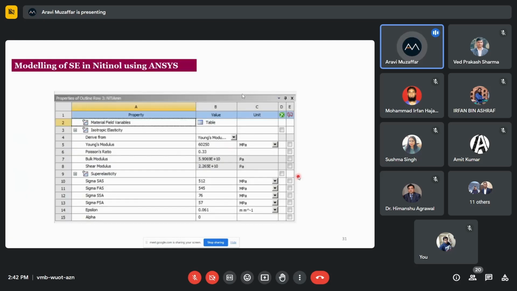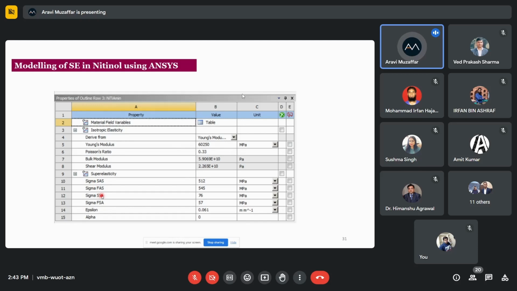So these are the parameters. You can see it here. If you go to where we have to input the material properties, there is a module for super elasticity, and the first parameter you have to input is the stress. SAS refers to the austenite to martensite start stress, and FAS refers to the austenite to martensite finish stress.